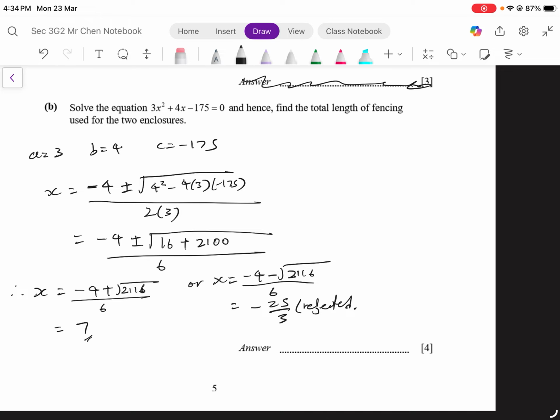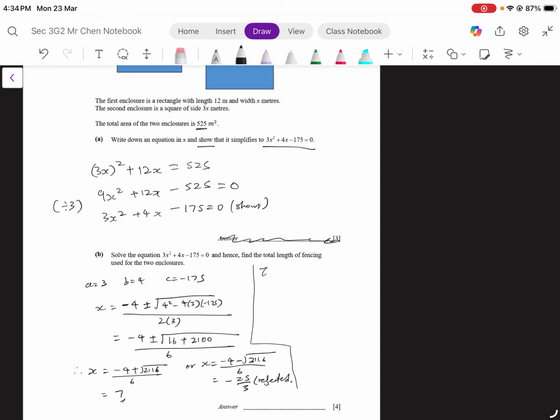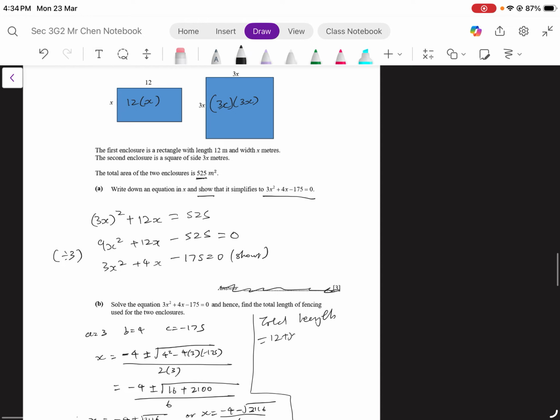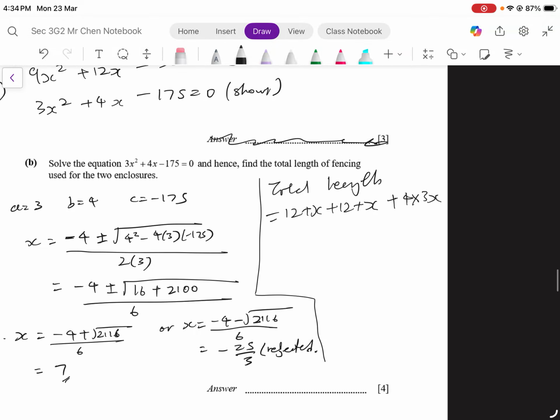Find the total length of fencing. Total length would be 12 plus x plus 12 plus x plus 4 times 3x. So we will get 24 plus 2x plus 12x, which equals 24 plus 14x.